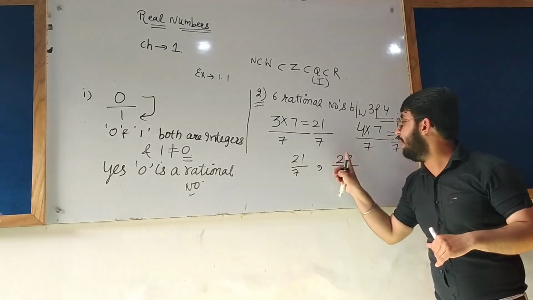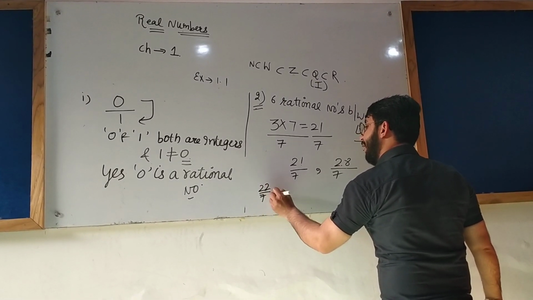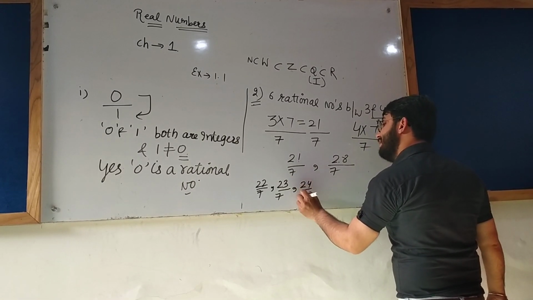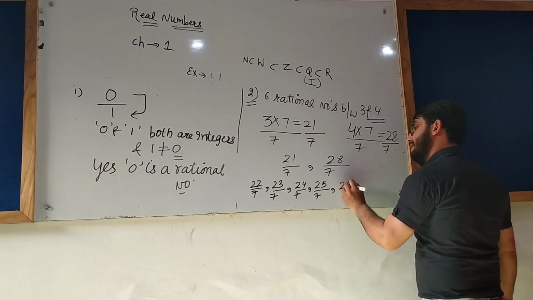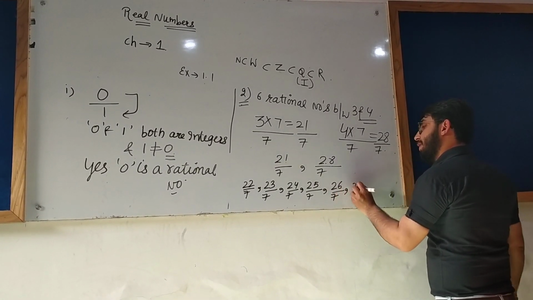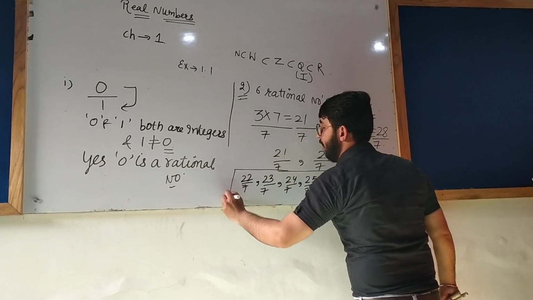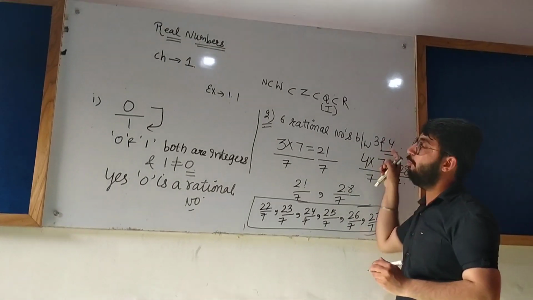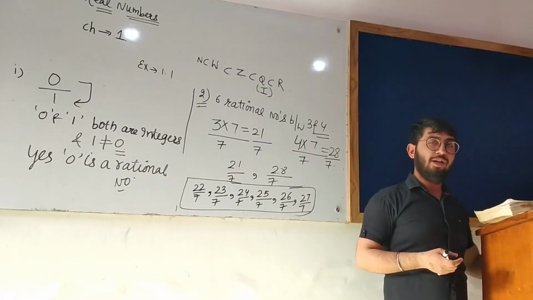The numbers are 22 by 7, 23 by 7, 24 by 7, 25 by 7, 26 by 7, 27 by 7. These are the 6 rational numbers between the two numbers 3 and 4.